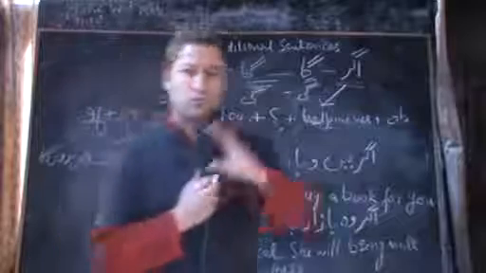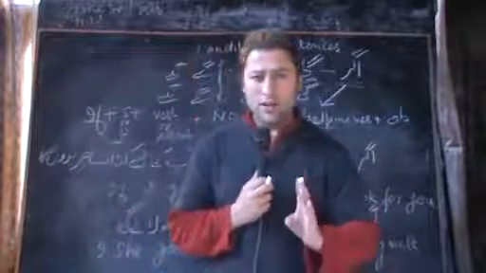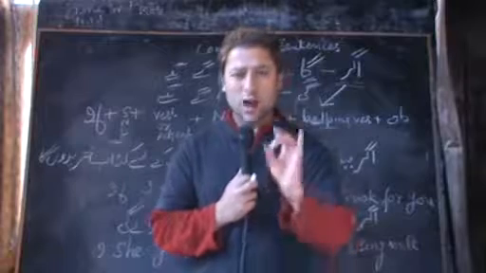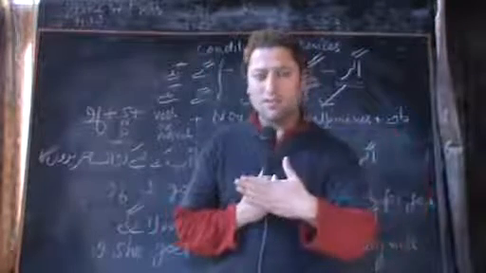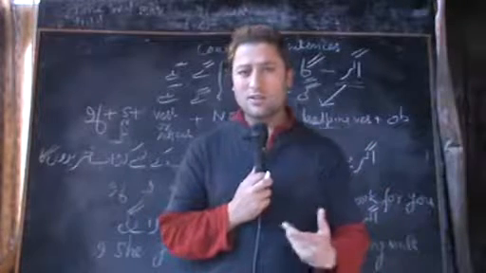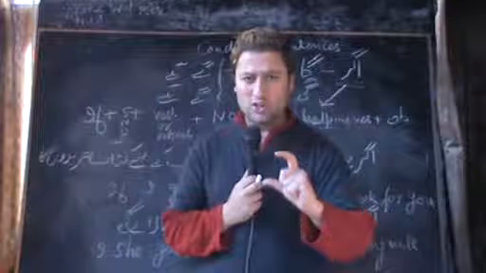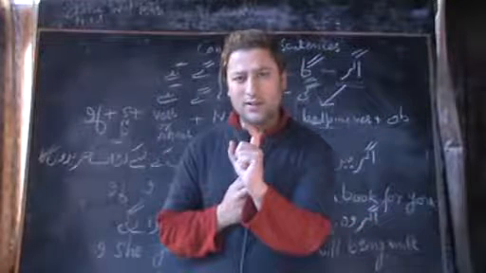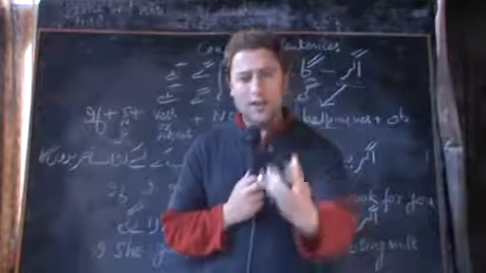And now I will just recapitulate for you. Today we had a lesson about conditional sentences and how to translate those. So we say first that if the sentence starts with agar, that's the condition here, then the first part ends at ga or gi or ge.